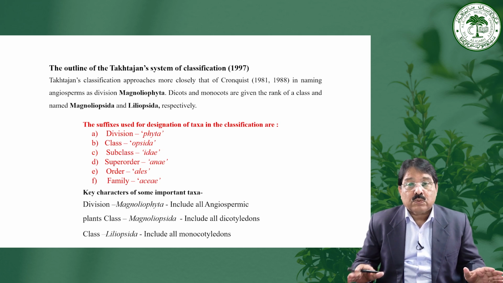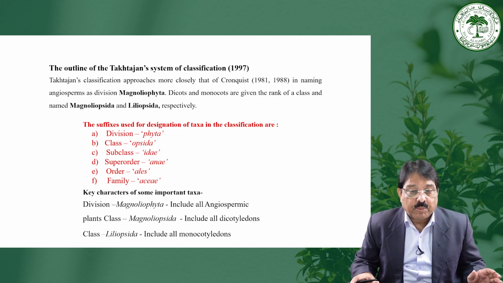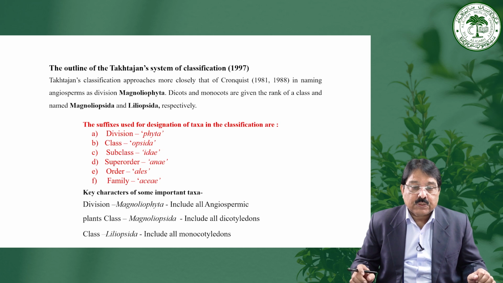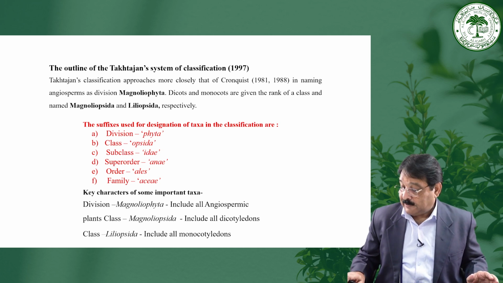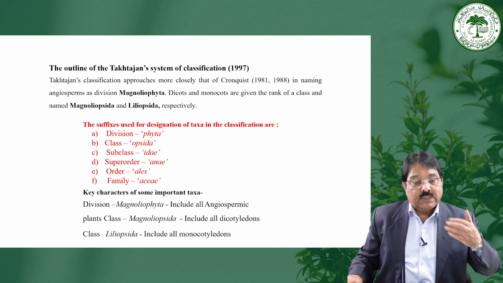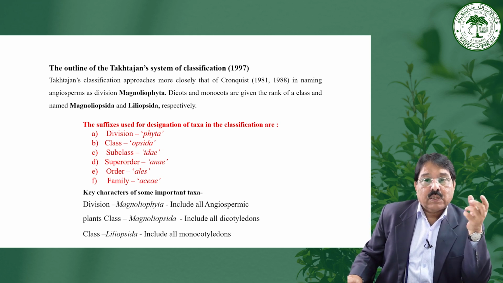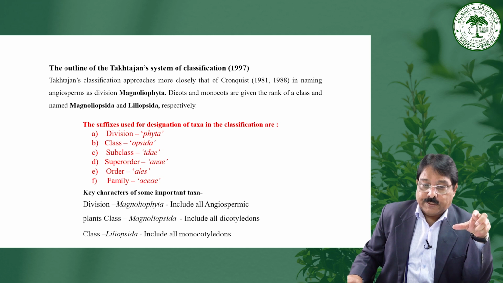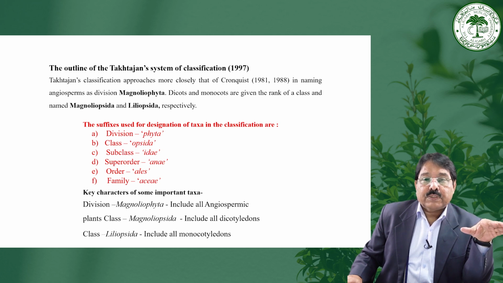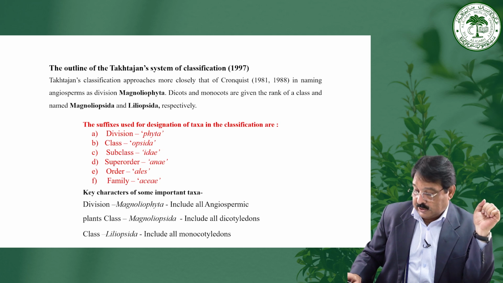Magnoliopsida deals only with dicot plants, and Liliopsida deals only with monocot plants. So he divided them into two groups, two classes, and he took the division. What is the division? The Magnoliophyta, that is the angiosperms, only the angiosperms.